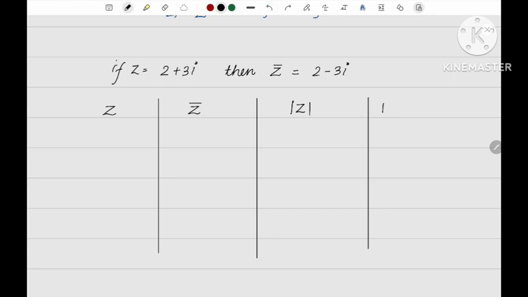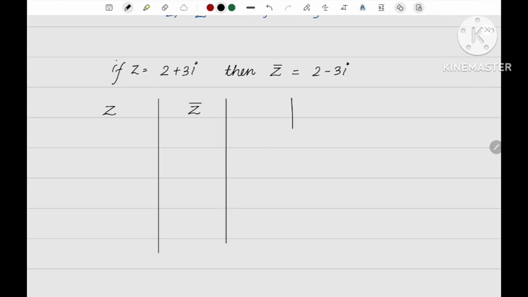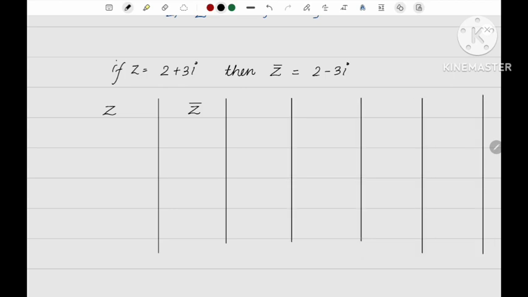I will write here mod of z, I will write here mod of z bar, I will write here argument of z, and here I will write argument of z bar. And here I will write serial number, so 1.